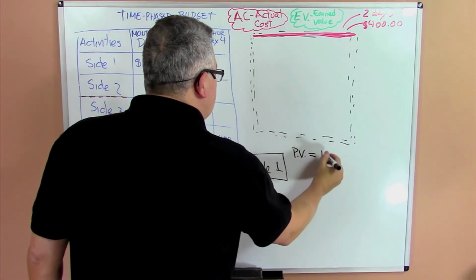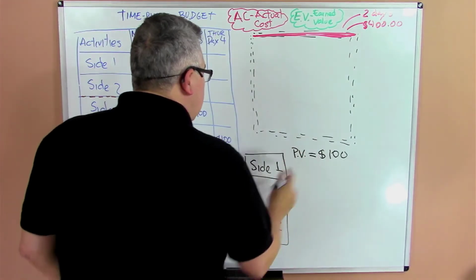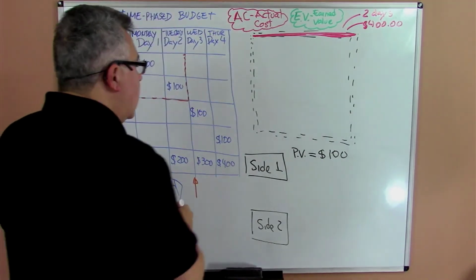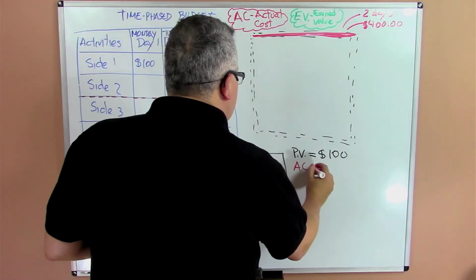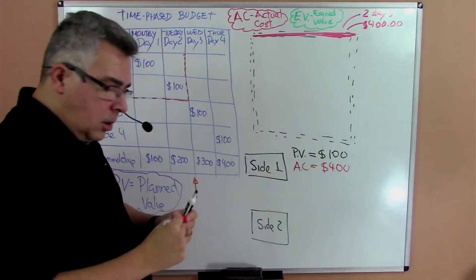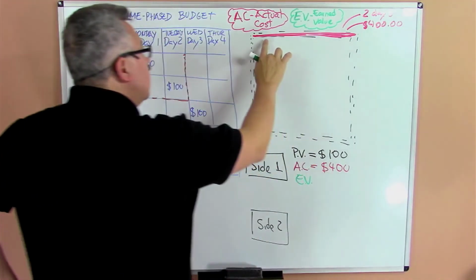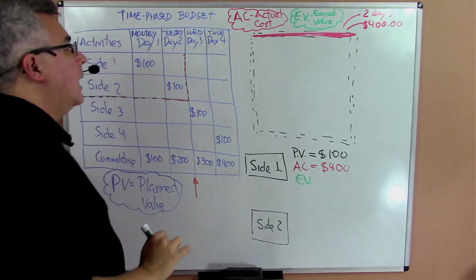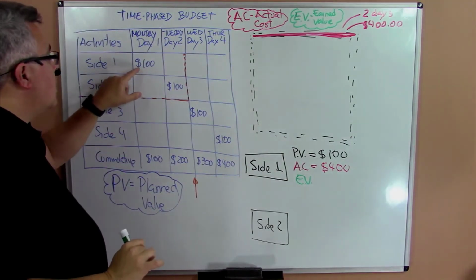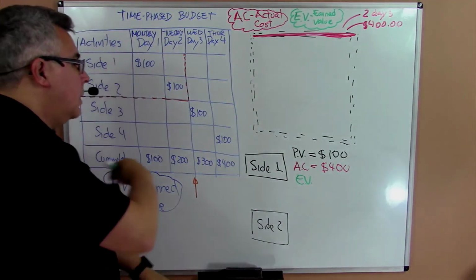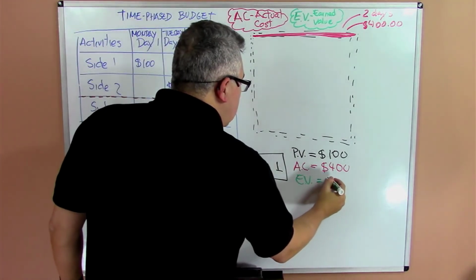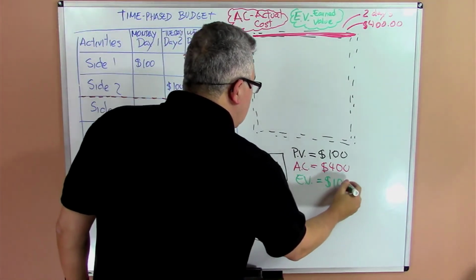You told me already, 100. What is the actual cost? The actual cost was $400. What is the earned value? They completed one side, and that side is worth $100 according to the budget. So the earned value is $100.